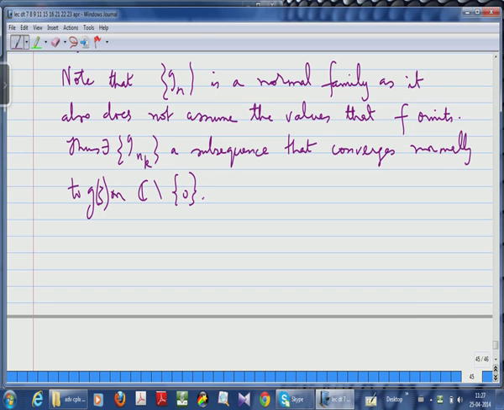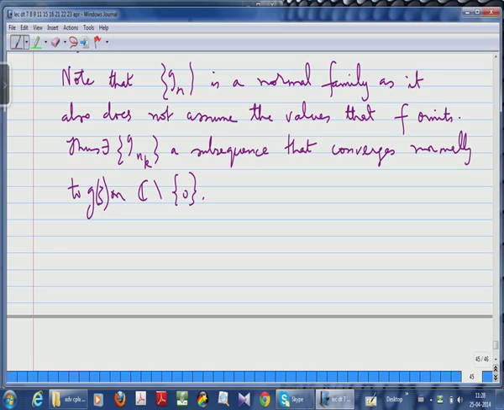This happens because of the meaning of normal family. Normal means normally sequentially compact, that means give me any sequence, there is a normally convergent subsequence. So when Gn itself is a normal family, it is already a sequence, so it will have a normally convergent subsequence.